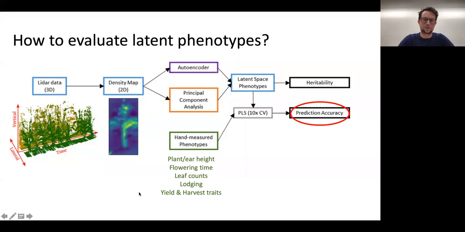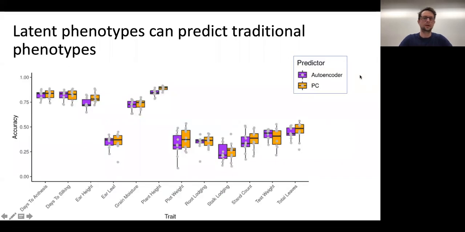And so we use the same set of standard manual phenotypes that I just showed you before in the heritability plot, and built PLS models to predict them from the latent space phenotypes. And what we see is that these latent phenotypes can do a really good job of predicting traditional manually measured phenotypes, ranging in prediction accuracy from about 0.75, 0.8 down to around 0.25.